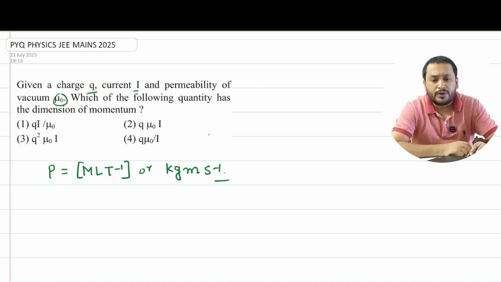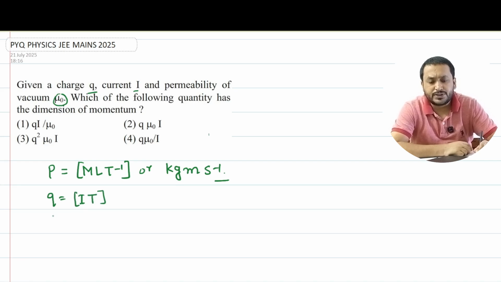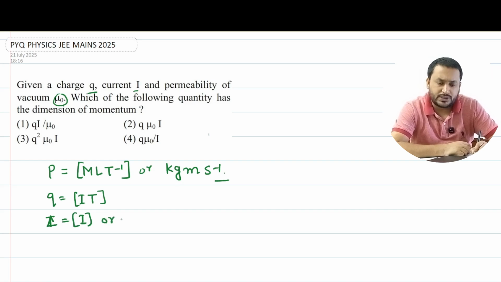So now we have to write down the dimension of these also. So the dimension of Q is I times T, where I is the current. The dimension of I, I would write I itself, and in some books you will see it is also written as A. So let's not write A here, we have chosen I.